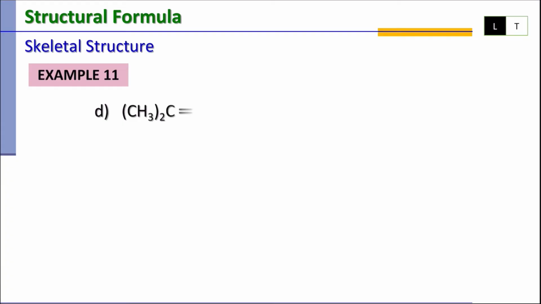Next example, kita ada D. So untuk D, awak ada double bond kat sini. So double bond maknanya ada 2 lines di antara 2 carbon. So outline dulu awak punya carbon atoms. So I have like this one. So this is my Ca. So ini Ca.